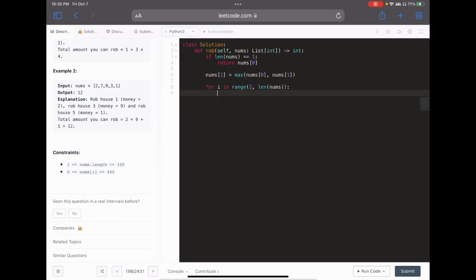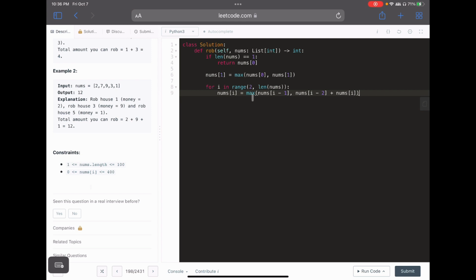So we're going to say nums at i is going to be equal to the max of nums at i minus 1 or nums at i minus 2 plus nums at i. Why would we say plus nums at i?